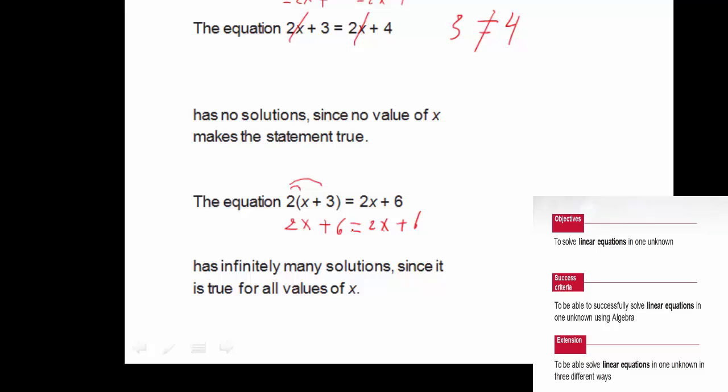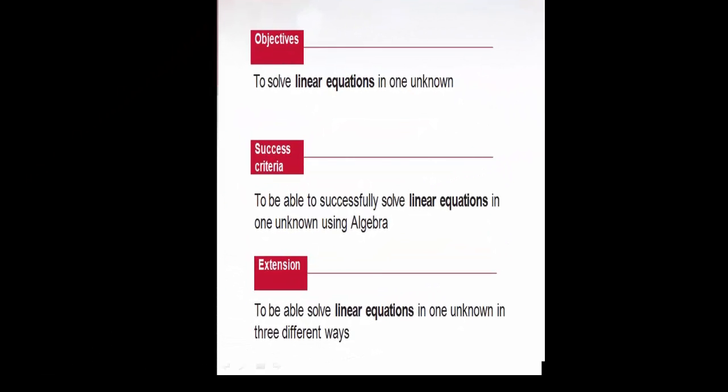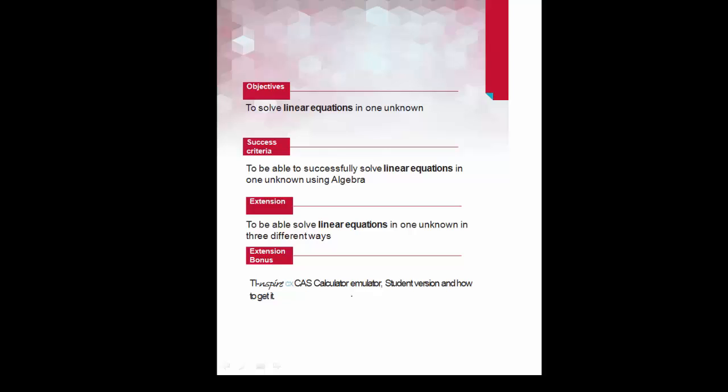So this brings us to the end of this session. Let's recap and look at our objectives again. We now know how to solve linear equations in one unknown, and we have successfully solved the equations using algebra, and you've seen how to solve it in 3 different ways.